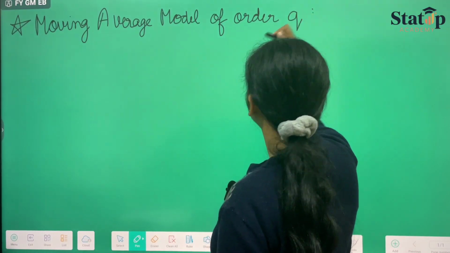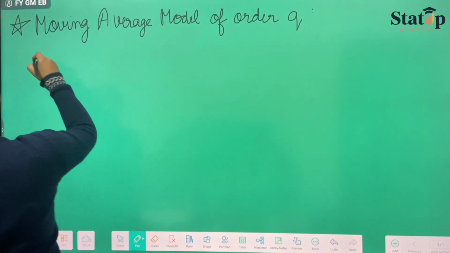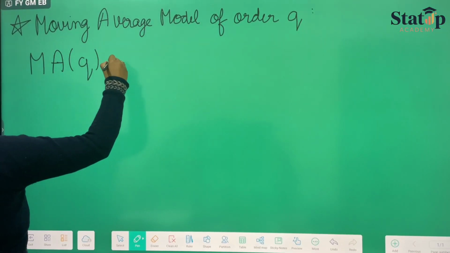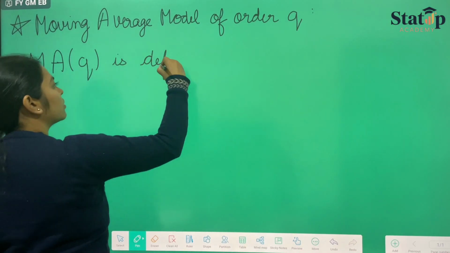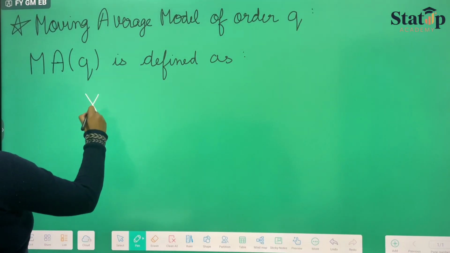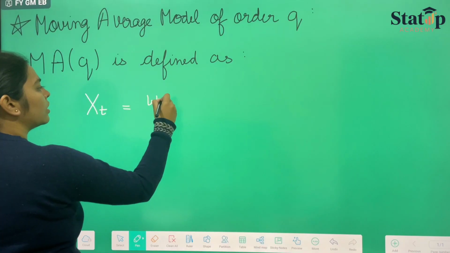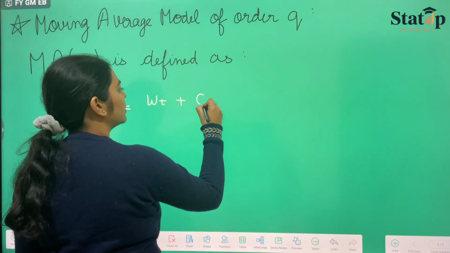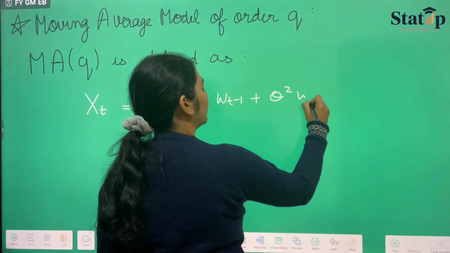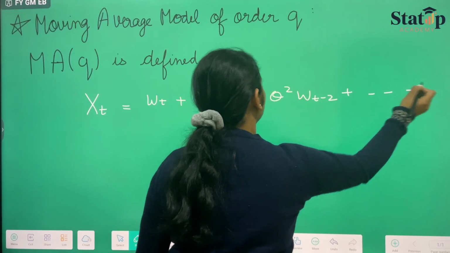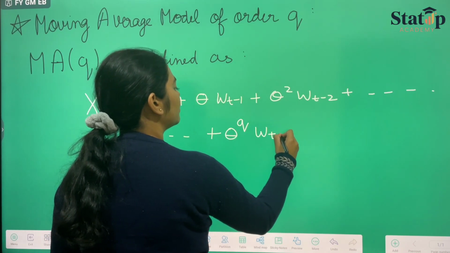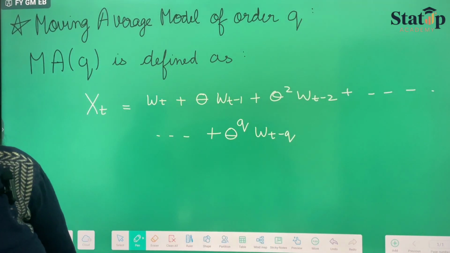Q. Now, the moving average model of order Q can be represented as MA(Q) and is defined as: suppose we have Xt = Wt + theta Wt-1 + theta square Wt-2, up till theta raised to the power q Wt-q plus epsilon.